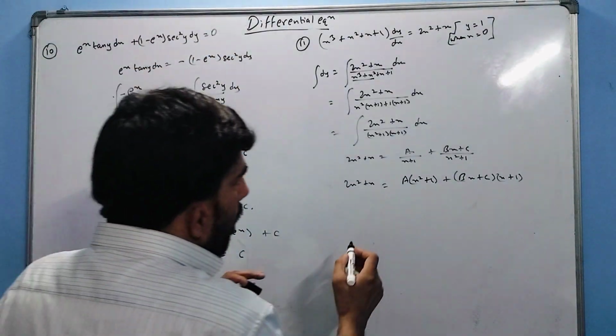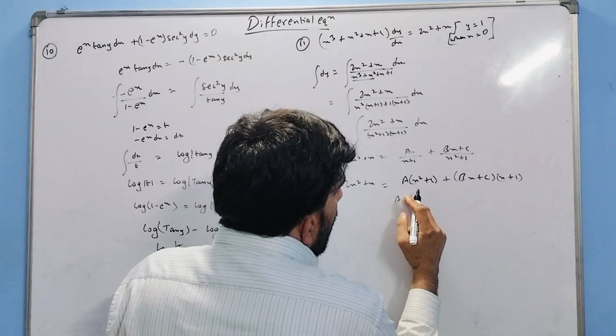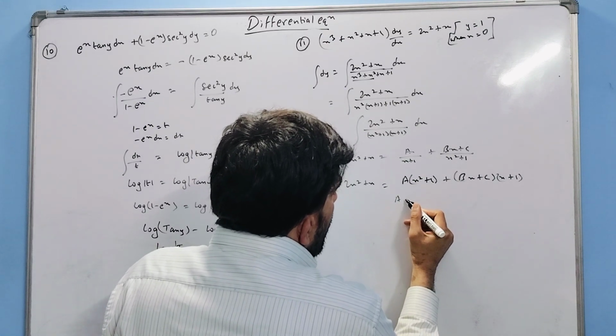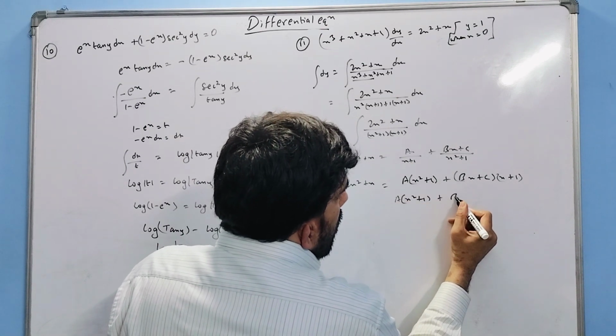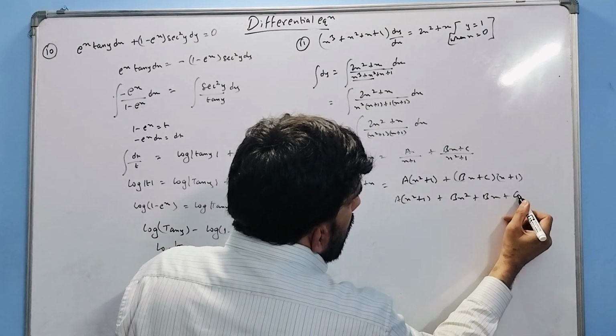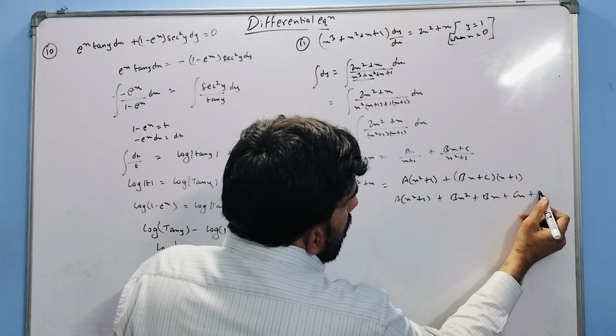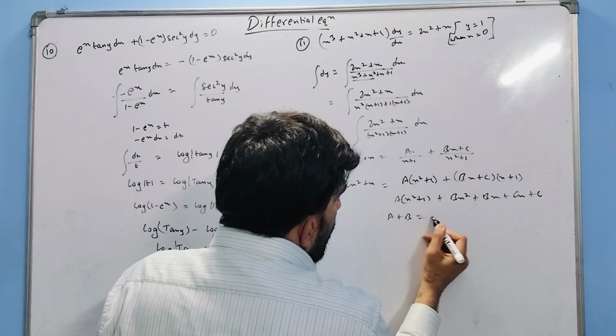So now, we need to complete this: Ax square plus Bx square plus Bx plus Cx plus C. So now I can compare: A plus B is equal to 2.